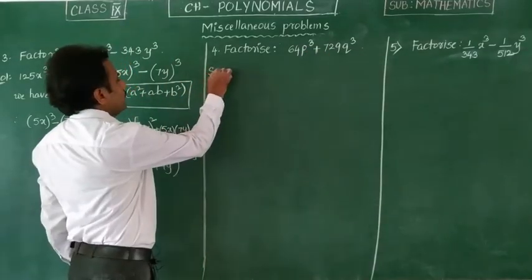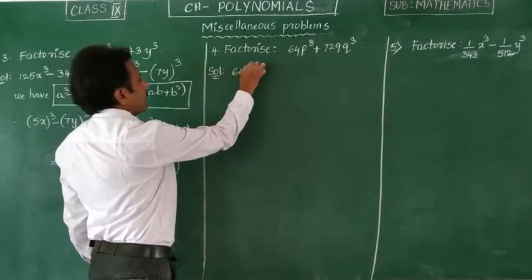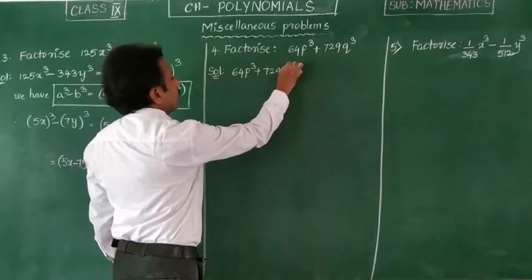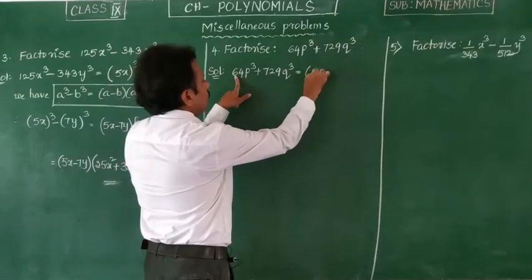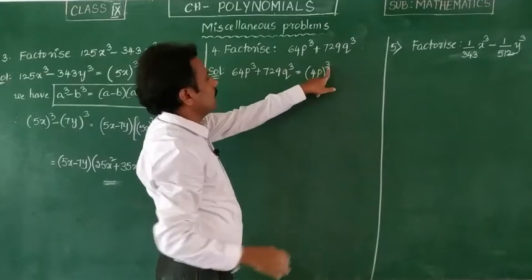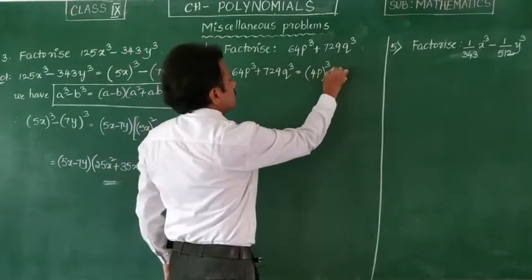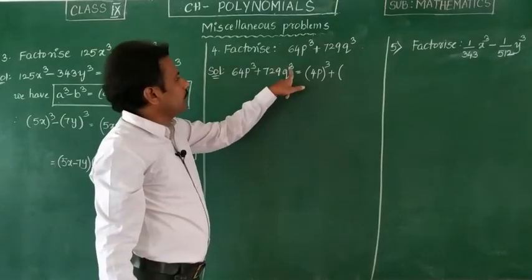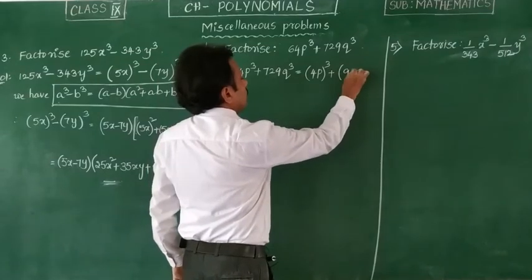Let us write the given one: 64p cube plus 729q cube. 64 is 4 cube, so 4p whole cube, and 729 is 9 cube, so 9q whole cube.